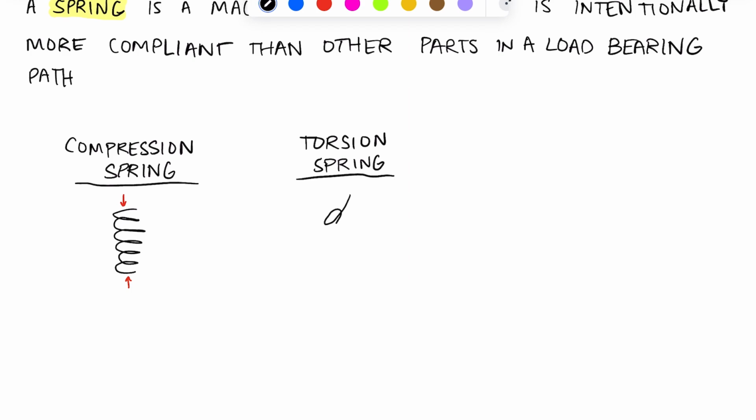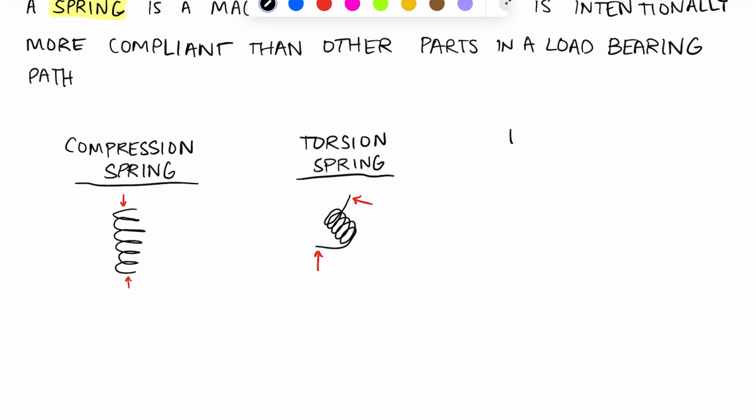So a torsion spring typically looks something like this, where we are providing some kind of twisting moment that the spring is resisting. So that's a torsion spring.